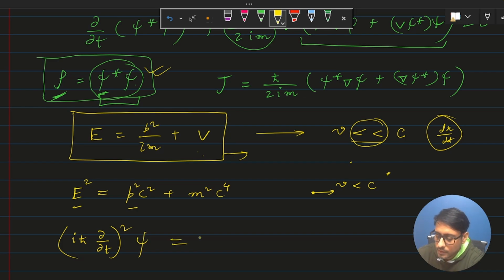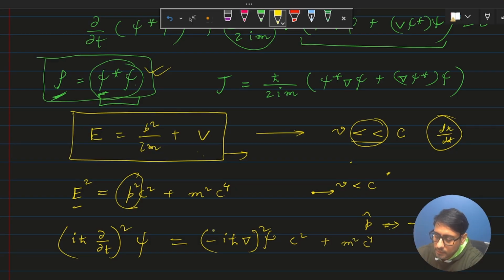The p square term will be, because we know the p operator is represented by minus i h bar del for three dimensions, minus i h bar del whole square on psi, then c square, plus m square c to the power 4, and this whole thing is being multiplied to psi.